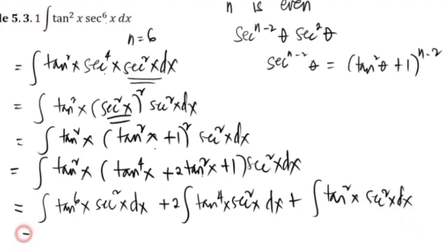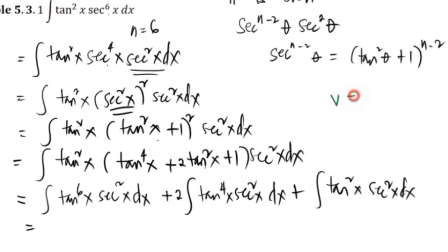So, since the derivative of tangent is secant squared, if we are going to let our v equal to tangent x, therefore your dv is equal to secant squared x dx. So since ito ay derivative ng tangent, therefore we can now directly apply the general power formula.